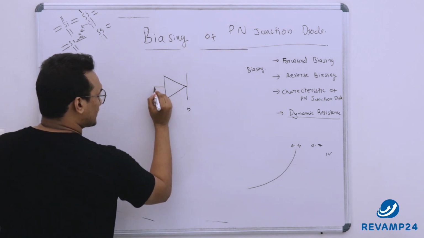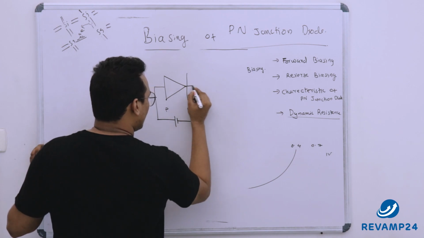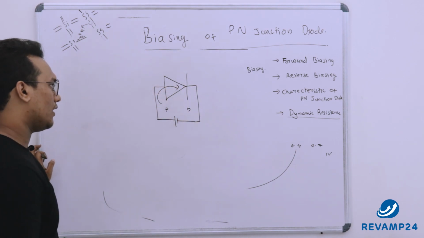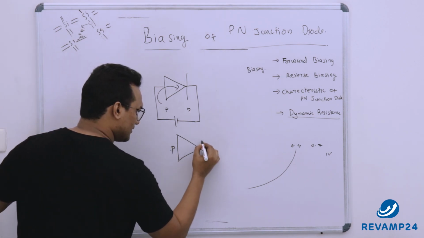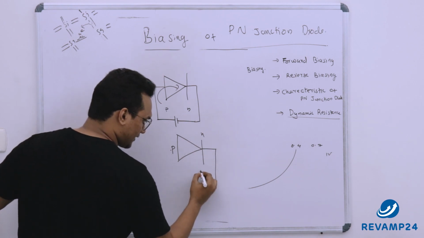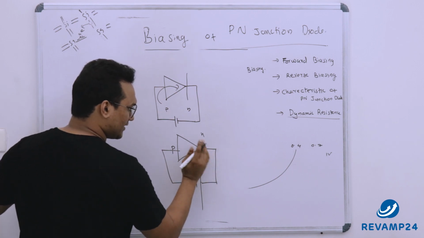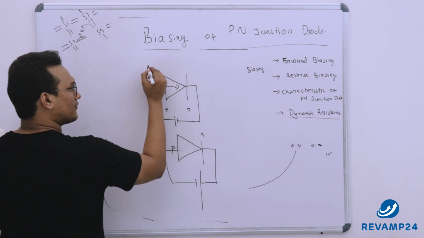Now if I am connecting the positive terminal of the battery here and the negative terminal of the battery here, current would go in this direction. At the same time with the PN junction, so this is P and this is N, if I am connecting the positive terminal here and the negative terminal here, see, this would say stop the current. Okay, now this is forward bias.